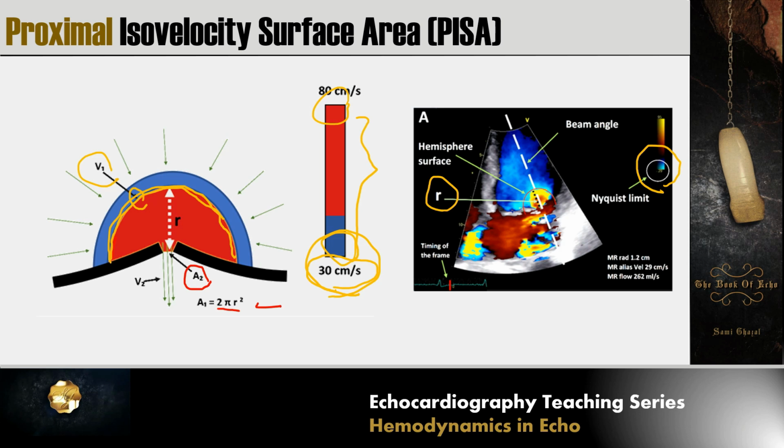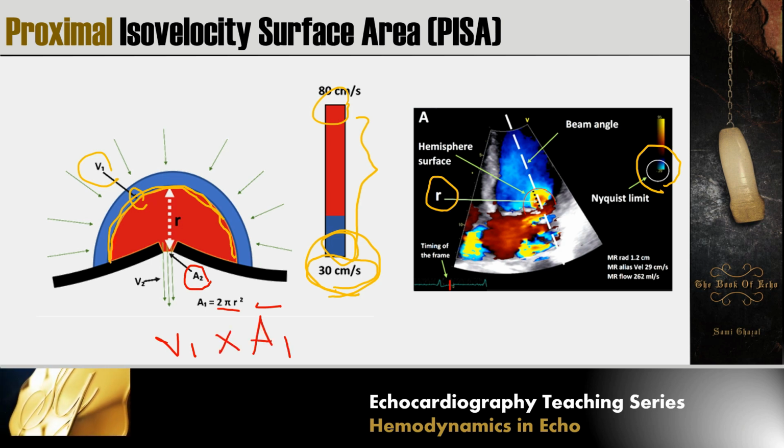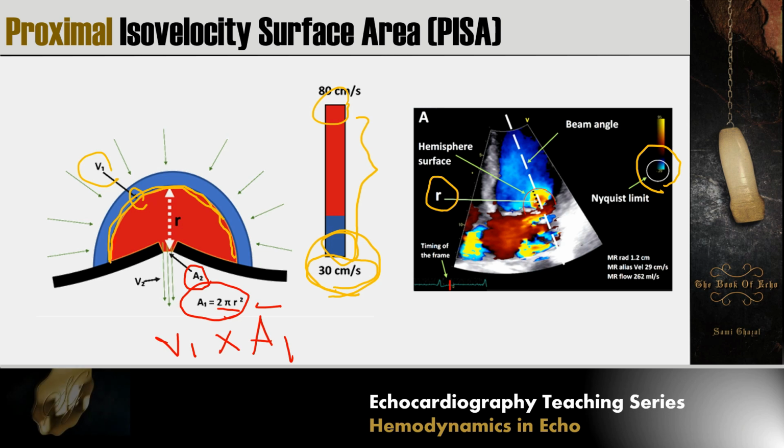And again, the continuity equation: V1, which is the Nyquist limit, times A1, which is the area of the hemisphere, equals V2 times area 2. And how to get V2, we will see in the coming slide.